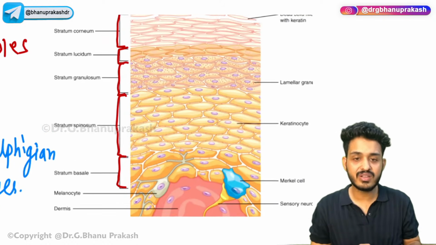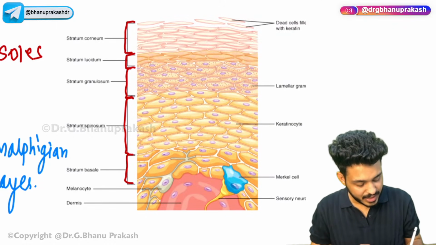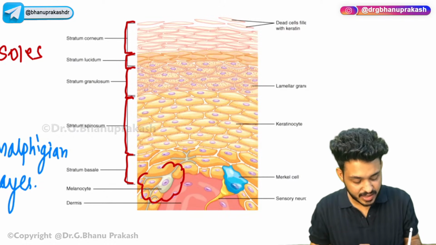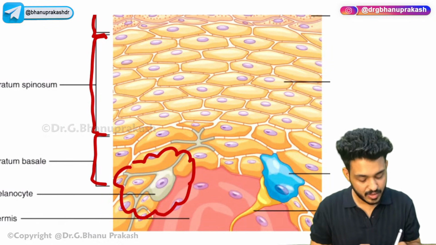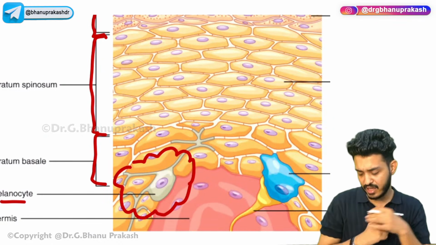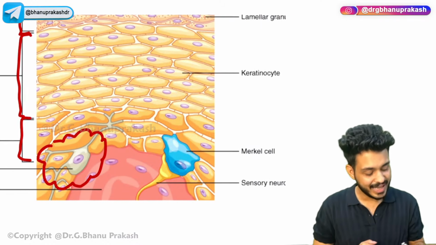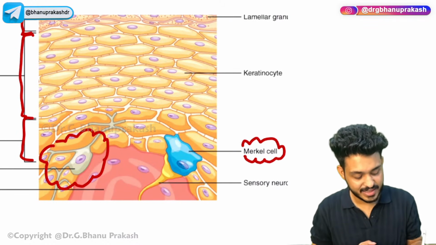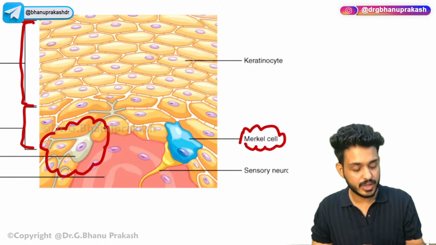Apart from that, what are the different things we have in the skin? We have some cells. Can you appreciate this dendritic structure, guys? This is a dendritic cell. This is a melanocyte. Can anyone answer what is the function of melanocytes? And this one is your Merkel cell. Merkel cells are basically type 1 slow adapting receptors.